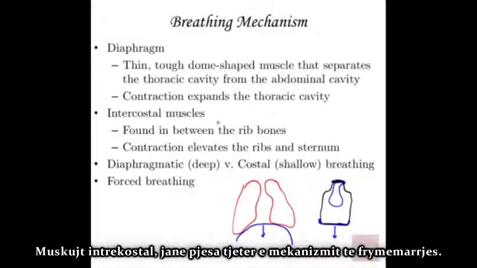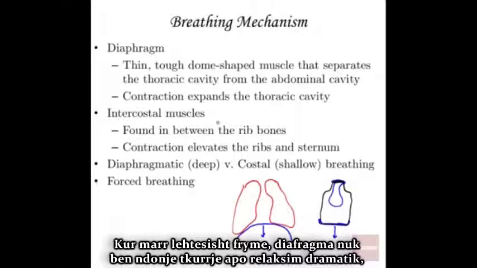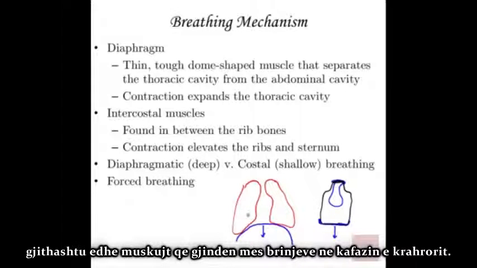The intercostal muscles are another part of the breathing mechanism. So when I'm doing more shallow breathing, I'm not making as dramatic a contraction and relaxation in my diaphragm. There are also all the muscles in between the ribs of my thoracic cage.